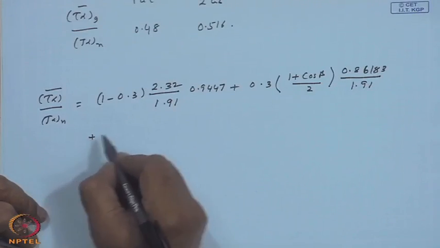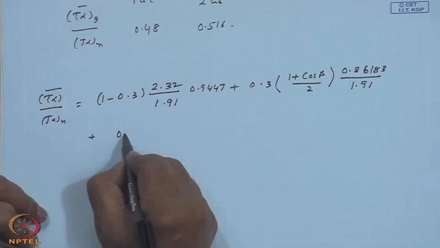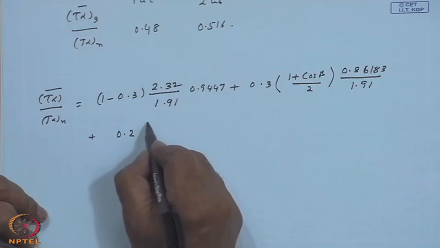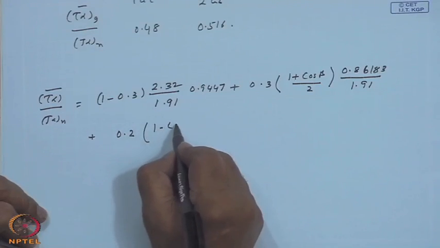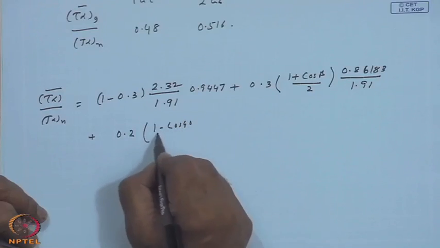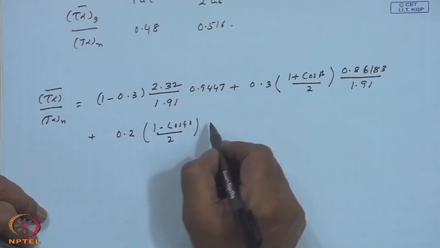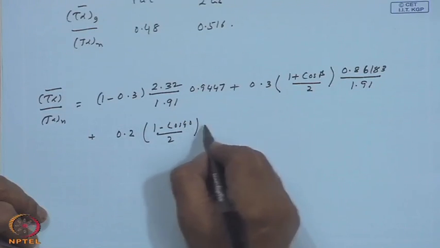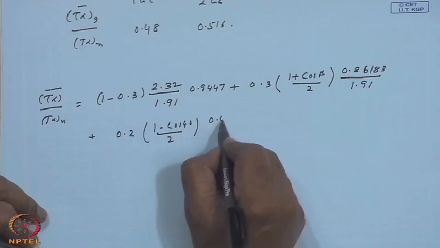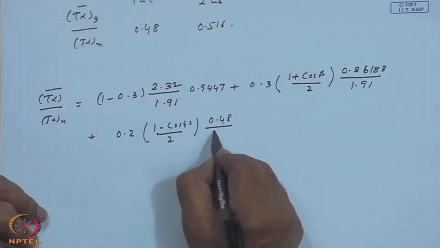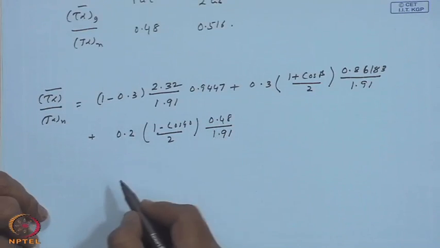The third component will be rho g times 1 minus cos beta by 2 into tau alpha bar ground effect, 0.48 by 1.91.